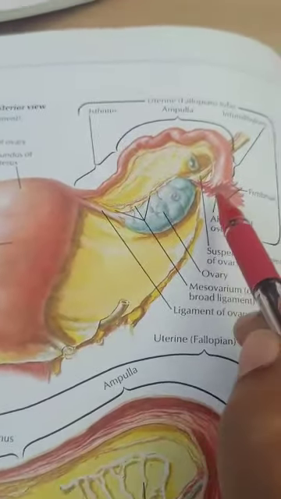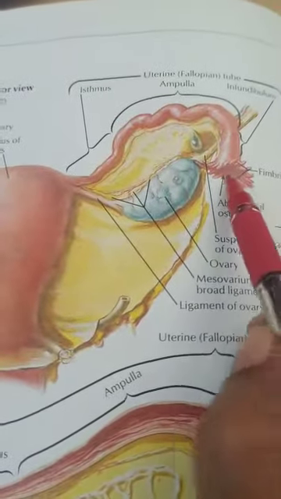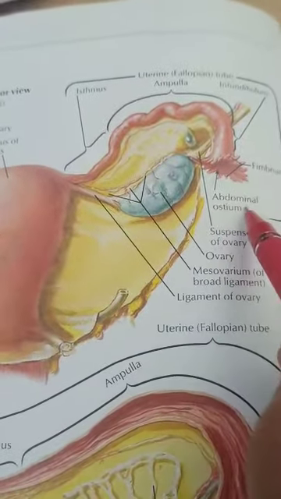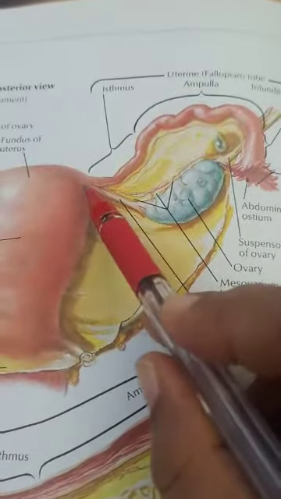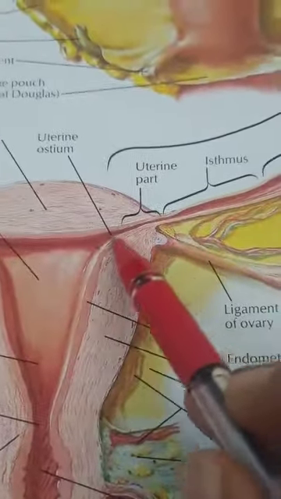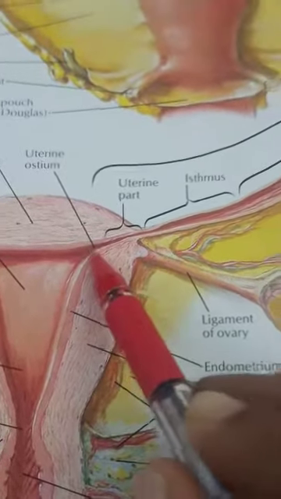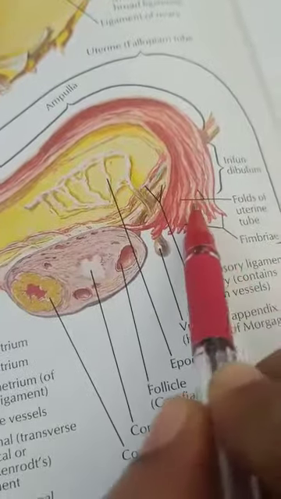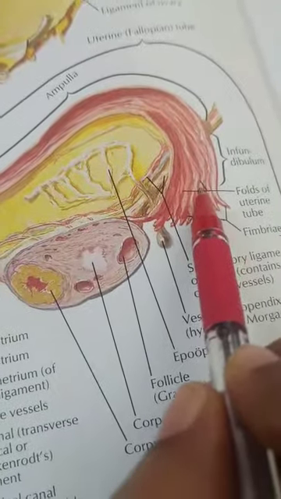The lateral end is free, and it has two openings. There is an opening in the lateral end known as the abdominal ostium, and another opening at the uterus known as the uterine ostium.